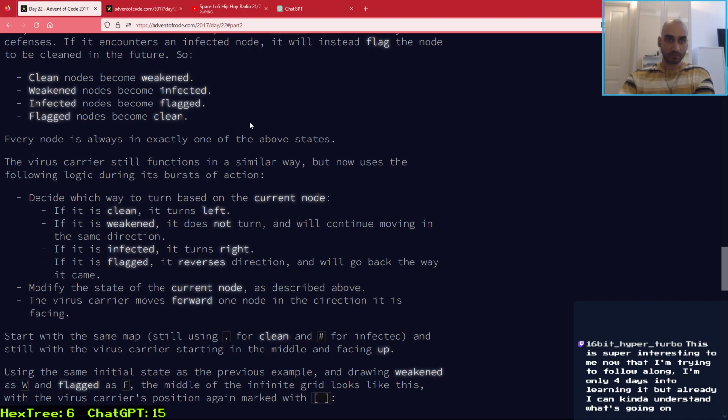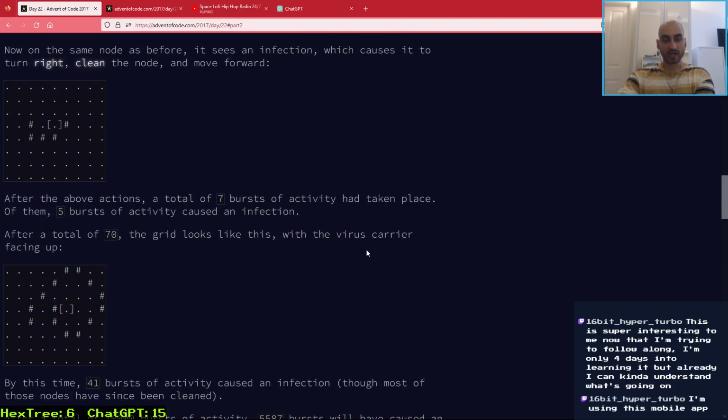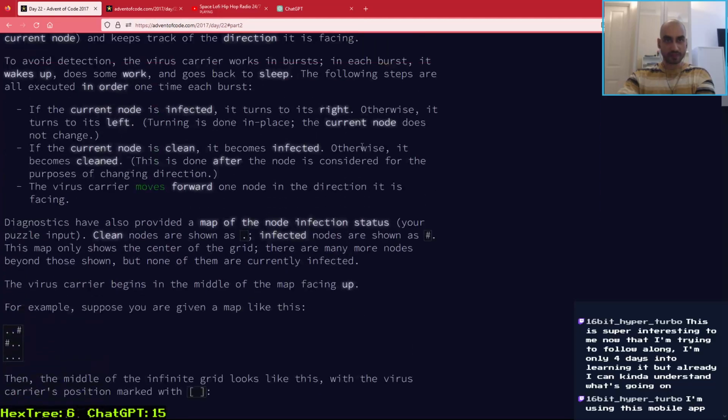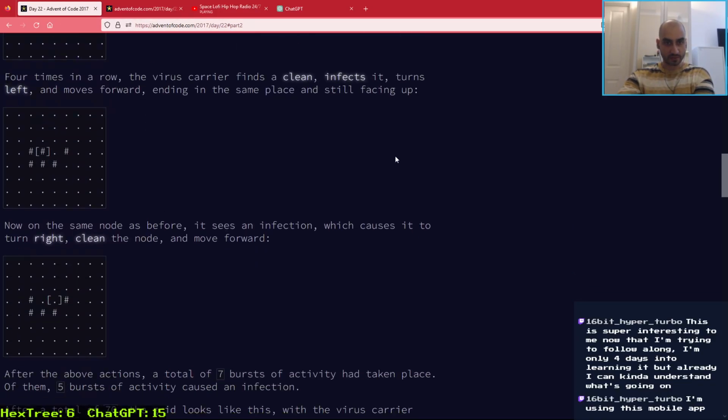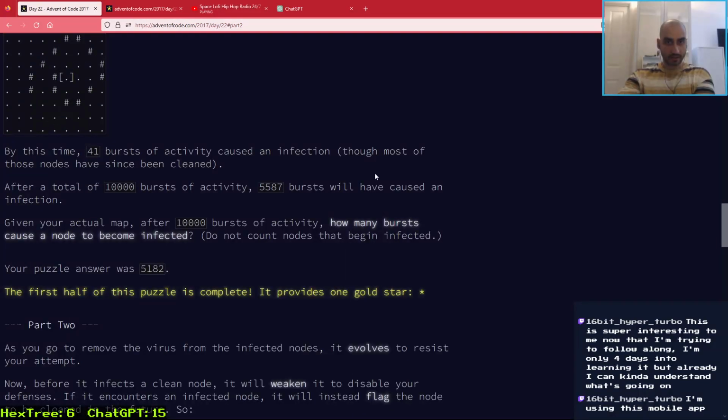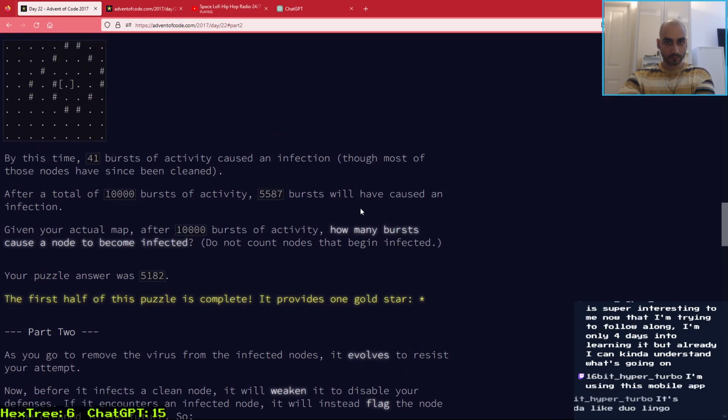Although I wouldn't recommend going too far into the days because they do require some mathematical stuff that is beyond what the starting tutorials would teach. But using this mobile app is kind of like Duolingo. Oh, okay.